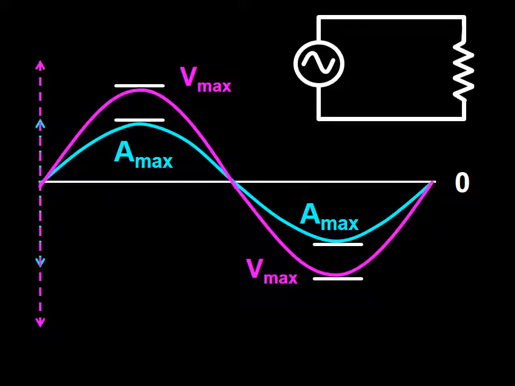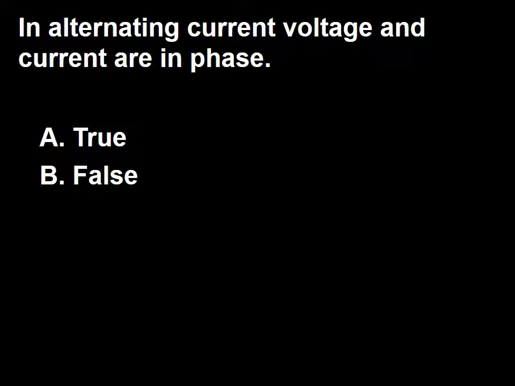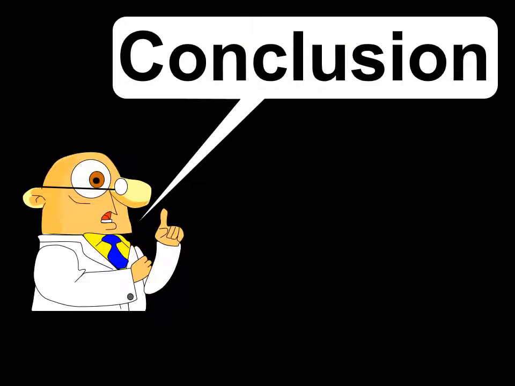In this new frame, I have introduced current, and as you can see, voltage and current both go up and down at the same time, which implies that they both are in phase. So the answer to this question is A, true.